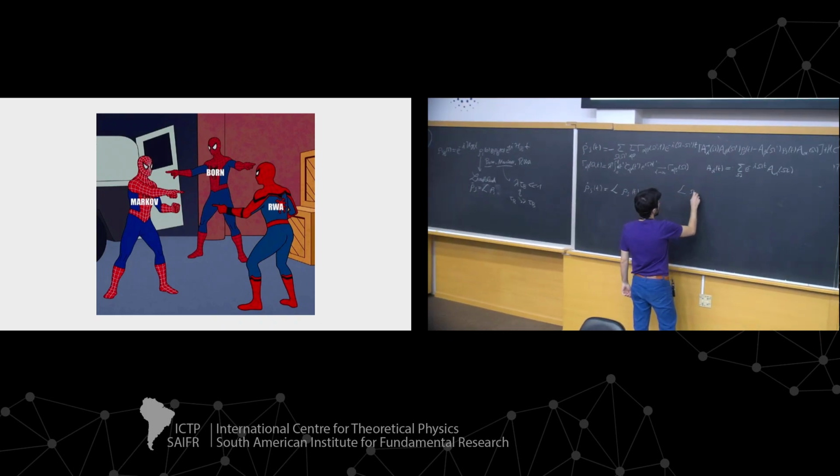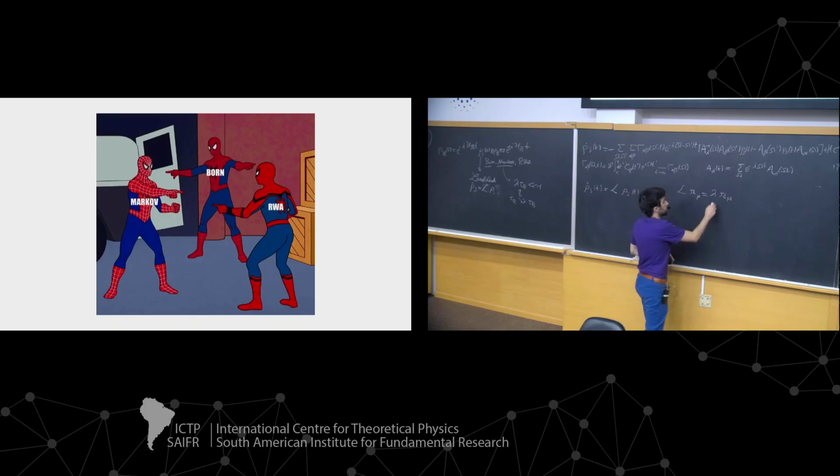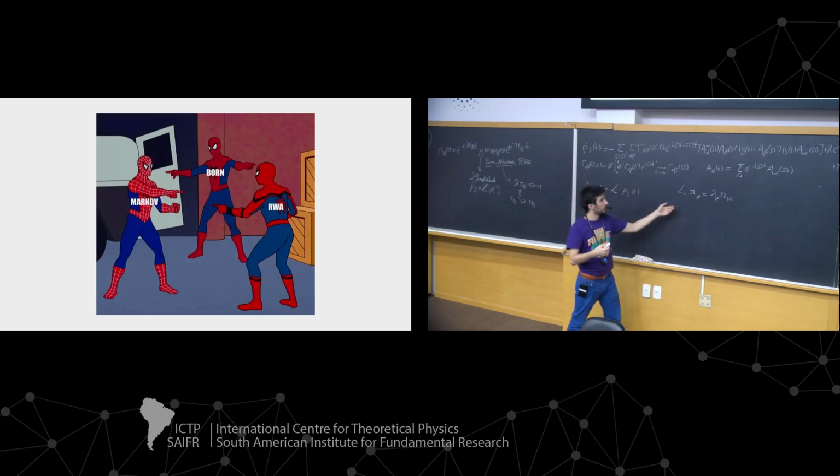It means that there is a certain set of operators which are eigenstates of this linear operator, and so if this was a Hamiltonian, this would be the eigenvector of the Hamiltonian.